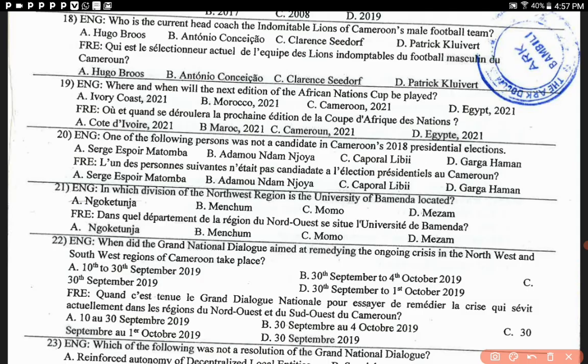Among the candidates that are listed, I'm seeing Serge Espoir Matomba was a candidate. Adamu Ndamjoya was a candidate. Haga Haman was a candidate. But the name Caporal Libil was not a candidate, because the real name is Cabral Libii, not Caporal.